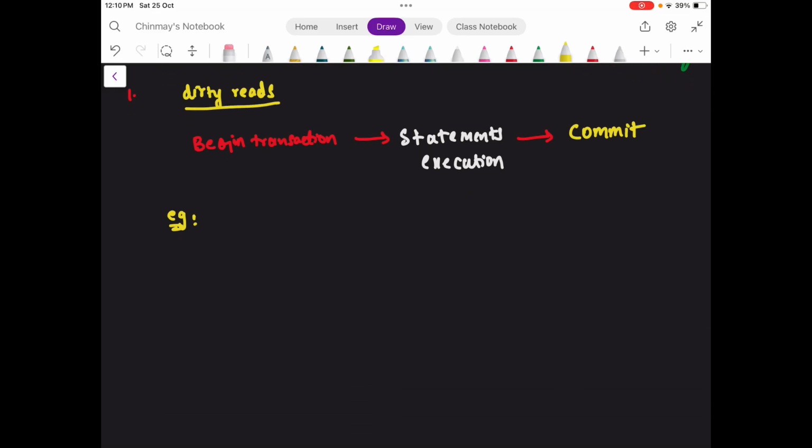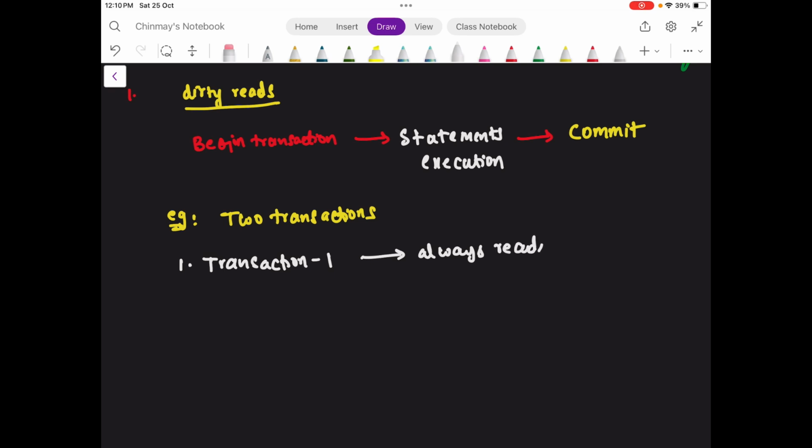We have two transactions. First, transaction 1 always reads the balance. Second, transaction 2 updates the balance.